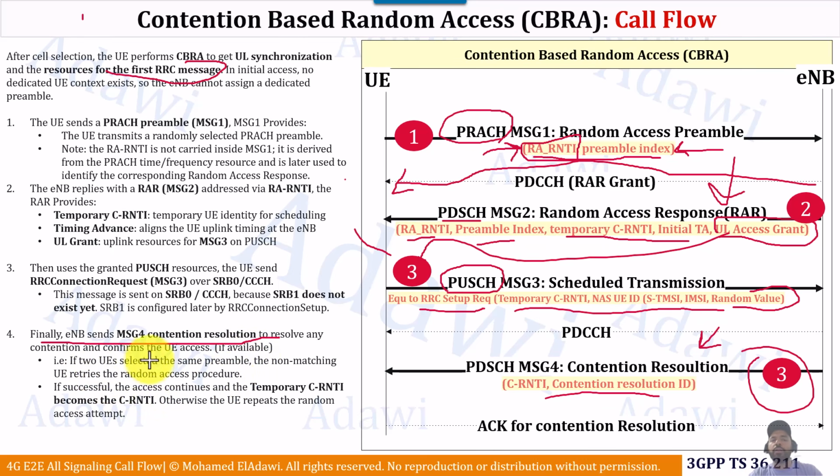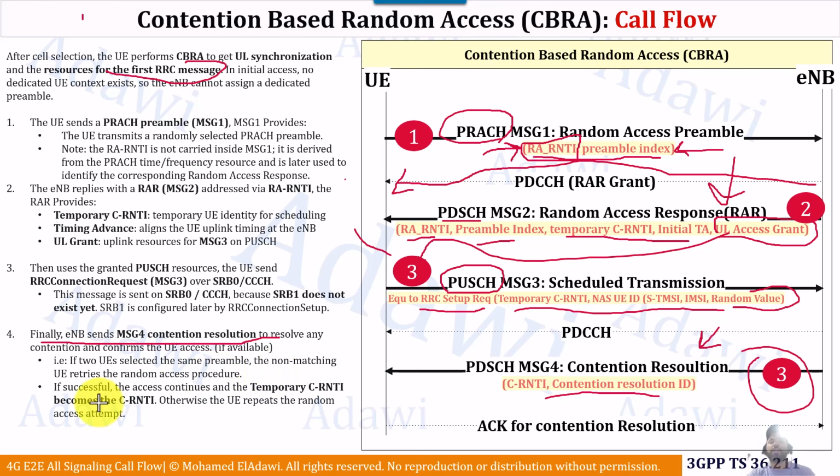So, for example, if two UEs selected the same preamble, as I told you, preambles from 0 to 63, and both of them, for example, selected preamble number 5, then the non-matching UE retries the random access procedure. So whenever the user does not match the contention resolution ID, he initiates a new access attempt.